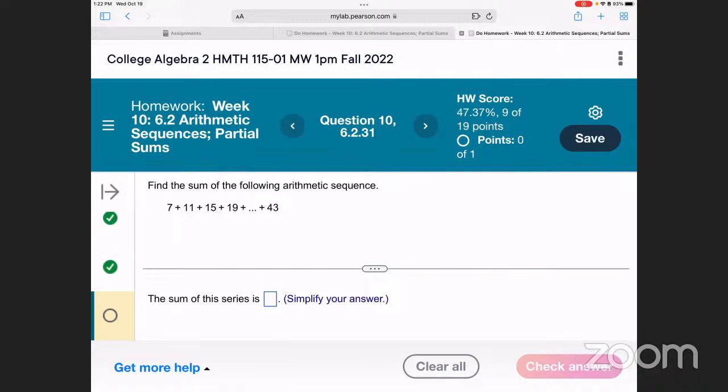Okay, got you. Let's see. Okay. So this one says, find an expression for the nth term of the following. Does it show you my answer? I see what you have. It doesn't show the answer just yet, but let me pull it up.